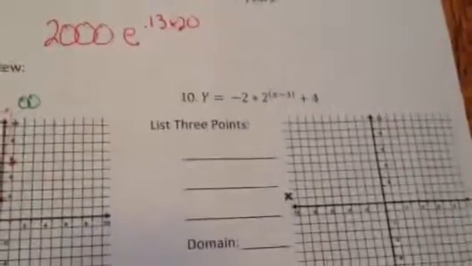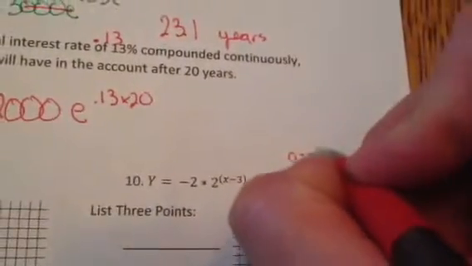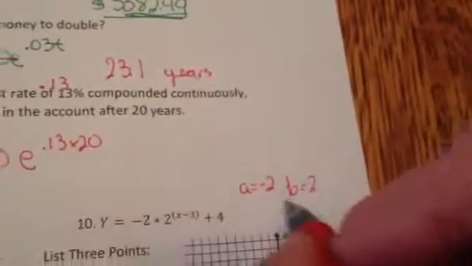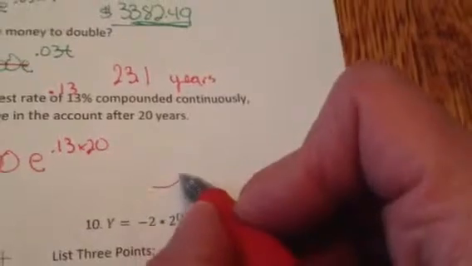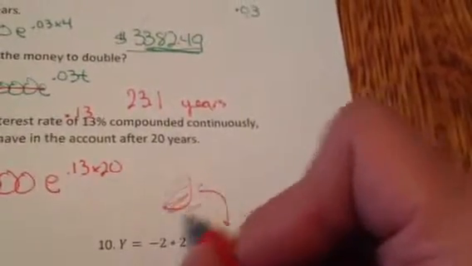All right, last one. So I'll do a little bit of writing up here. So A is -2 and B is 2. It's growth, but that negative is going to flip it. So this is the shape we're going to be looking for.